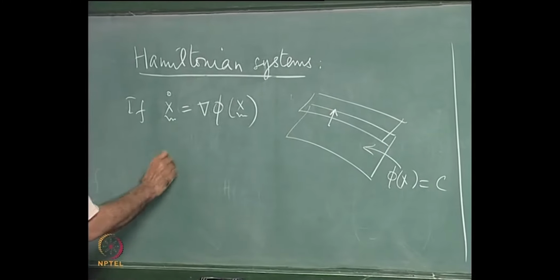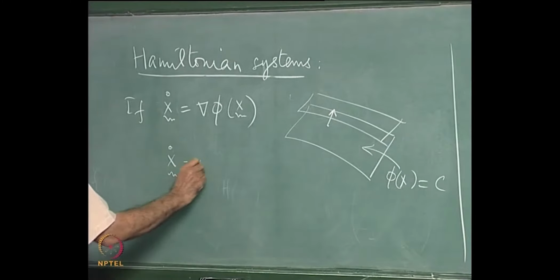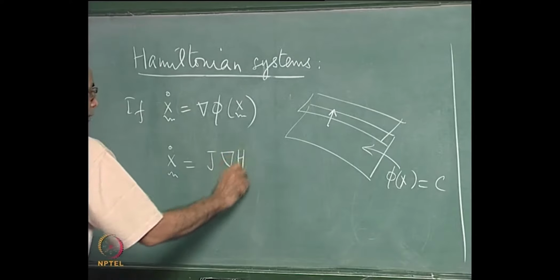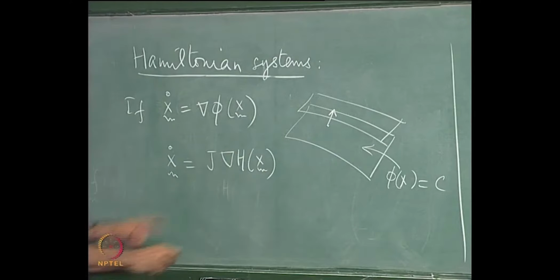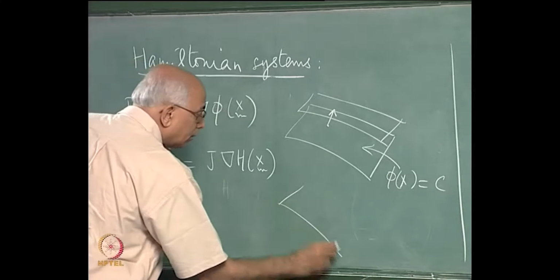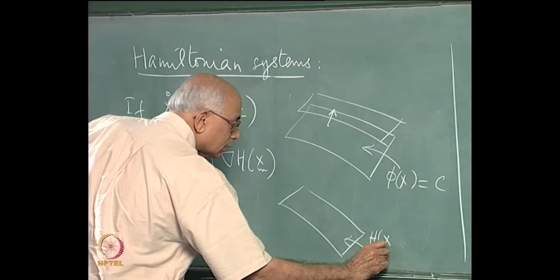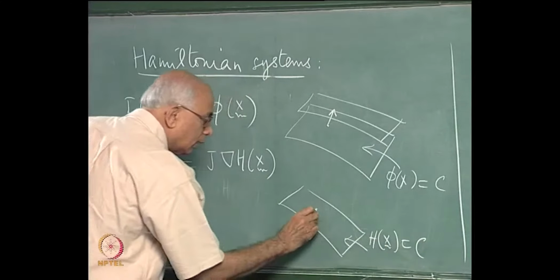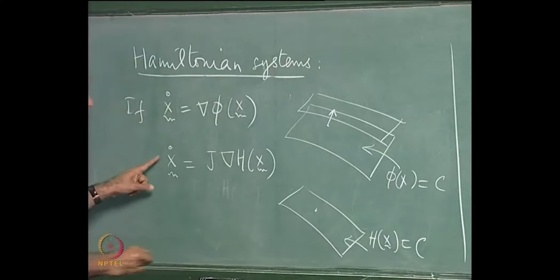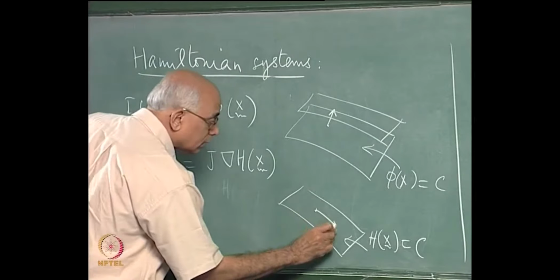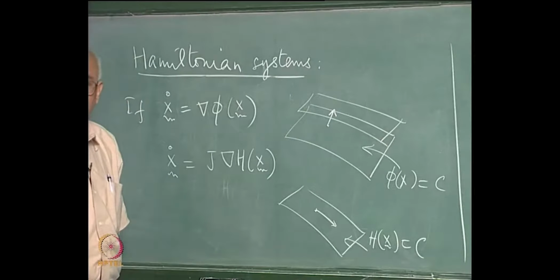On the other hand, for a Hamiltonian system, x dot is J times the gradient of H of x, and H of x is constant on the solution set, which implies that if this is locally the surface H of x equal to c at any point, then this velocity vector is guaranteed to lie on the surface rather than normal to the surface itself.